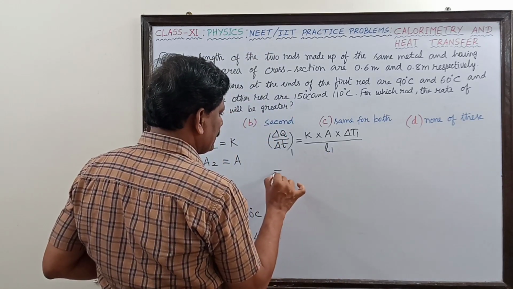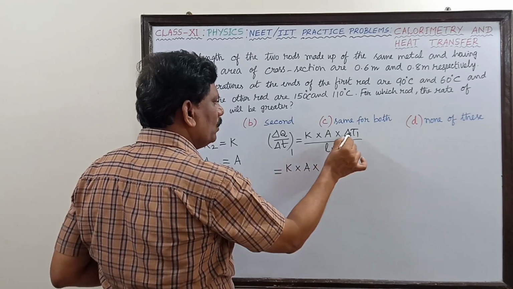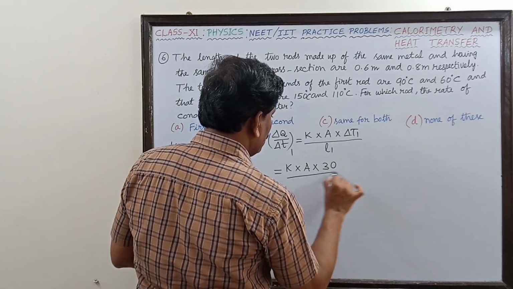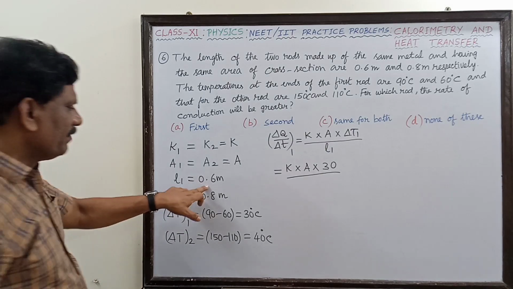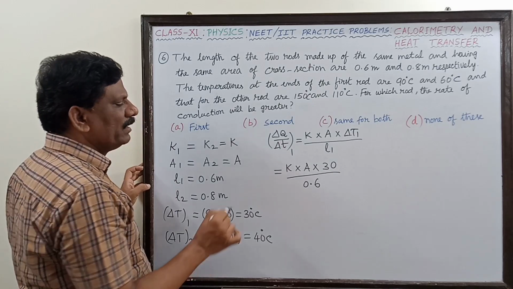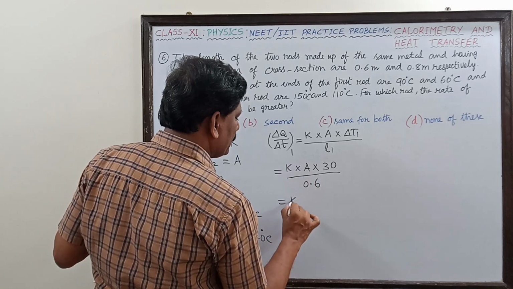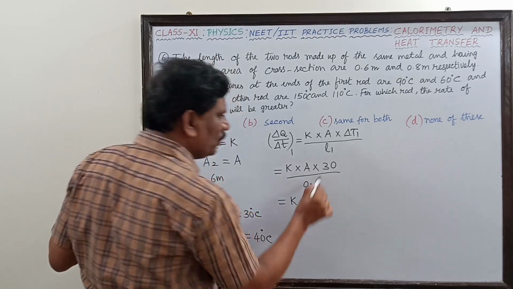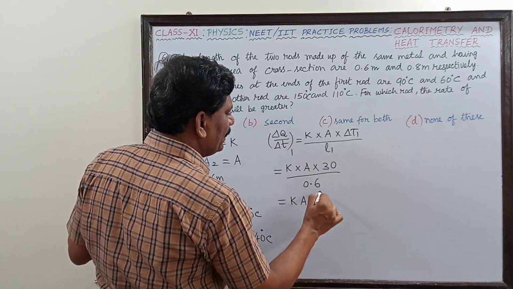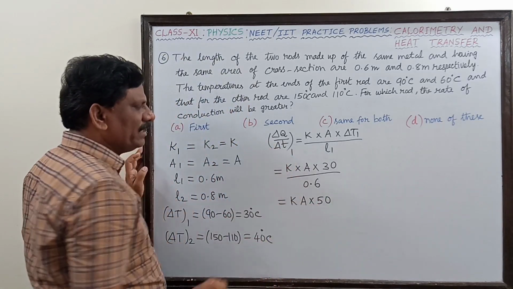So K into A into delta T for the first rod is 30. So substituting 30 divided by length of the first rod L1 equal to 0.6. So this is K into A into 30 by 0.6, which can be written as 300 by 6. So this is 15. So let it be as it is.